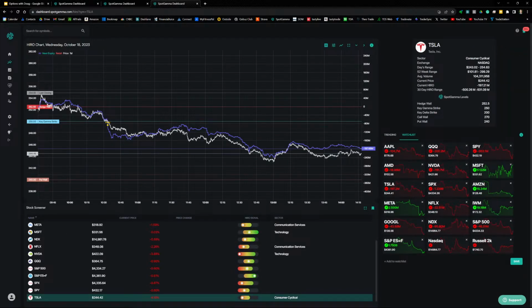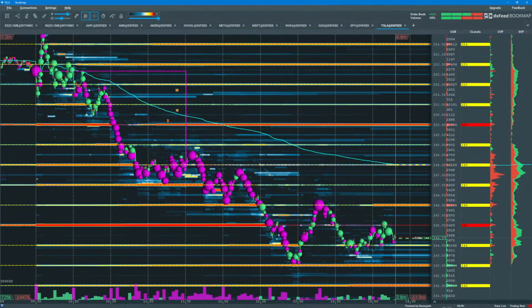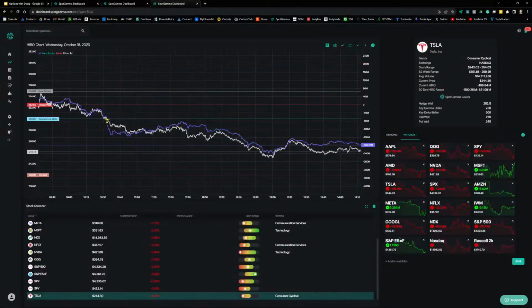Let's go to Bookmap. So again, nice steady downtrend today in Tesla as traders continue to buy puts. And one other thing I want to take a look at, one other stock, is Netflix. It reports earnings today.